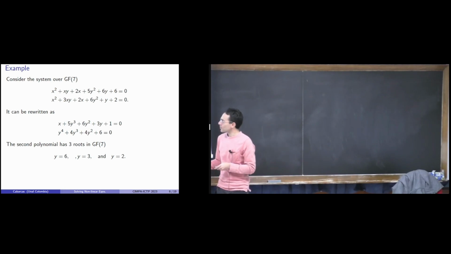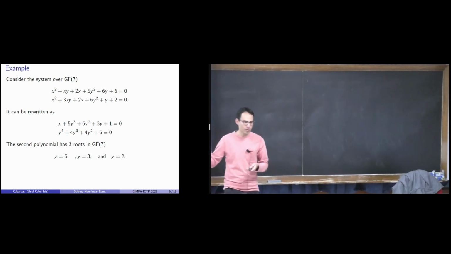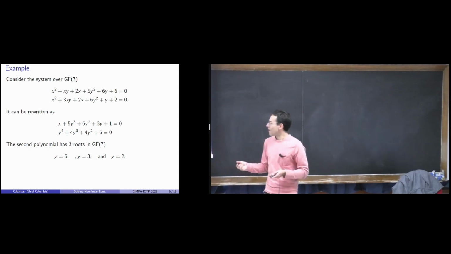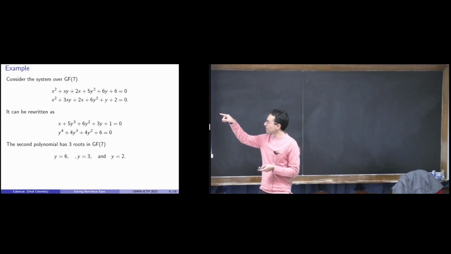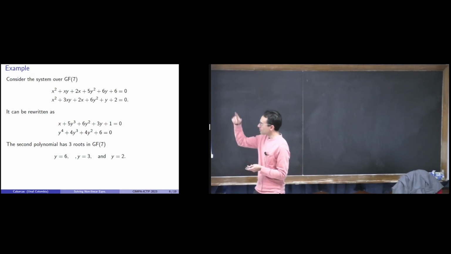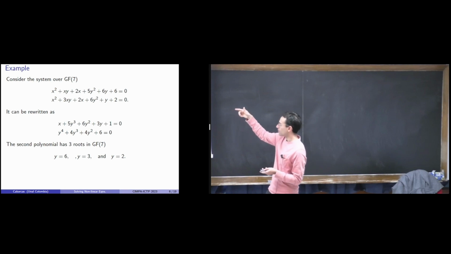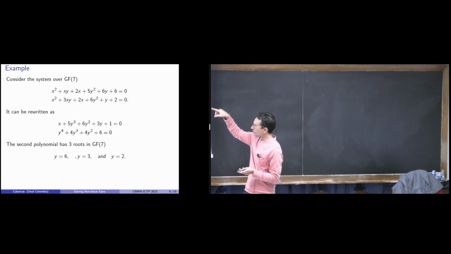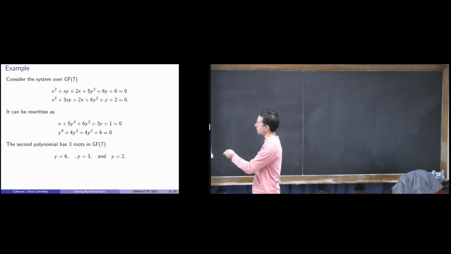And then what we can do now is take each one of those and plug them back into the first one. If we plug them back into the first one, for each one, we're going to get a linear equation in x. If we plug in y equals 6 in the first equation, we're going to get an equation only in x.